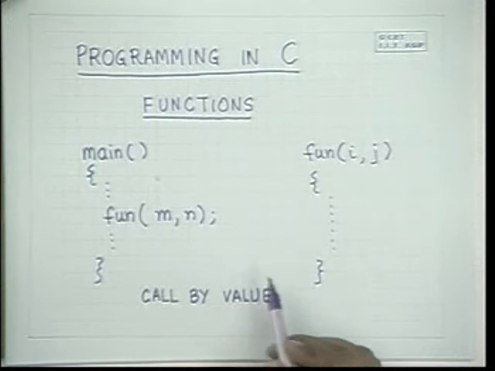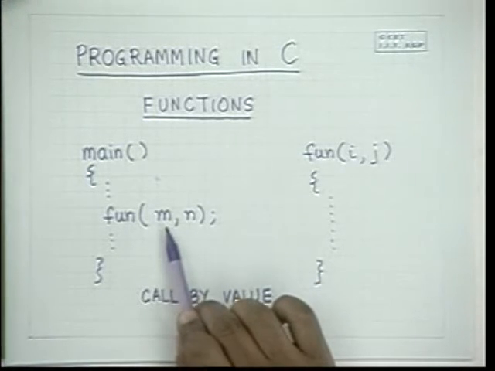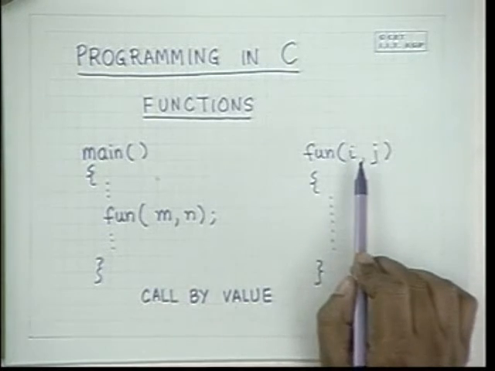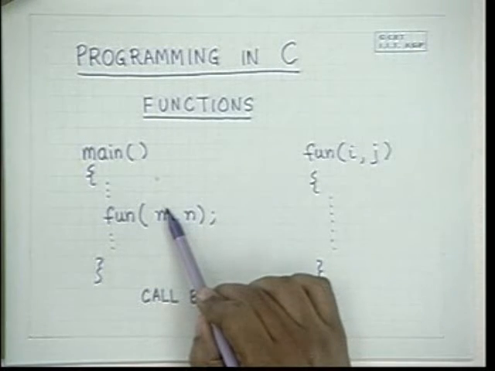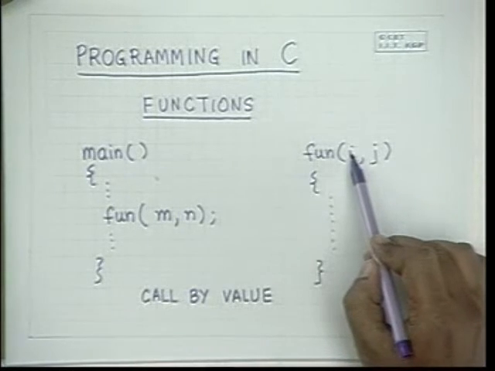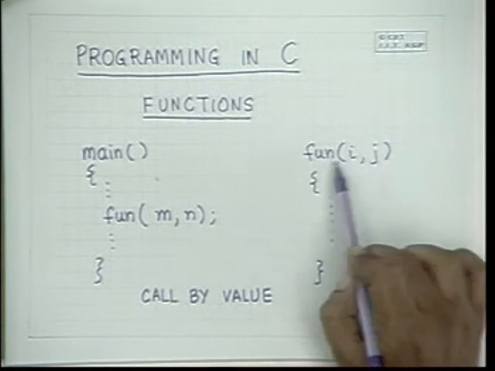In call by value, the idea can be understood by the following scheme: whenever a function is called, the values of the actual parameters are copied into the formal parameters in the called function.